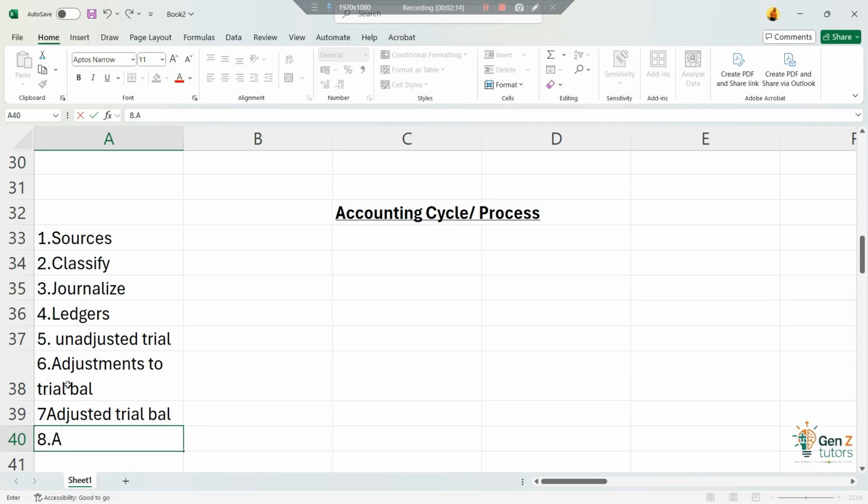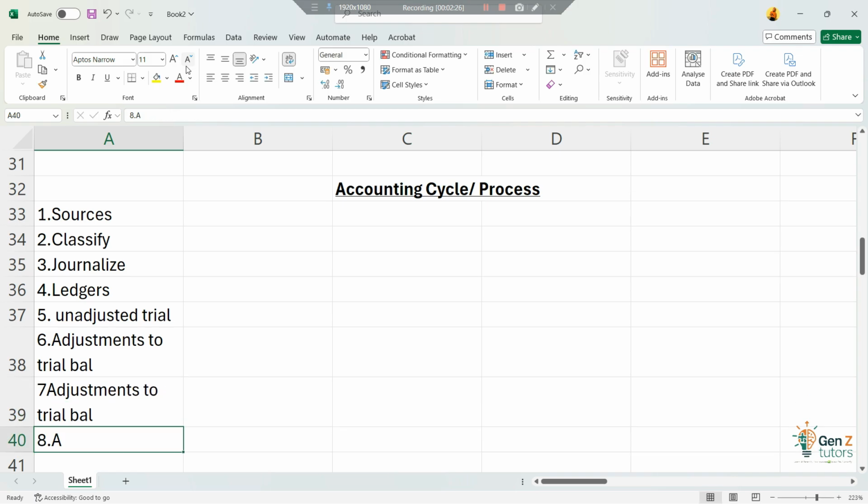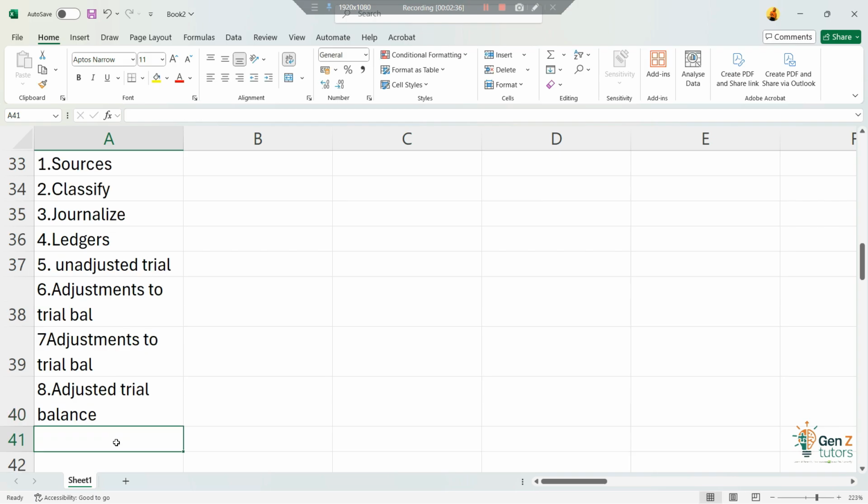Over here it's your adjustments to trial balance, actually. Adjustments to trial balance, and then you prepare your adjusted trial balance. Then from preparing your adjusted trial balance, it's your closing off process.